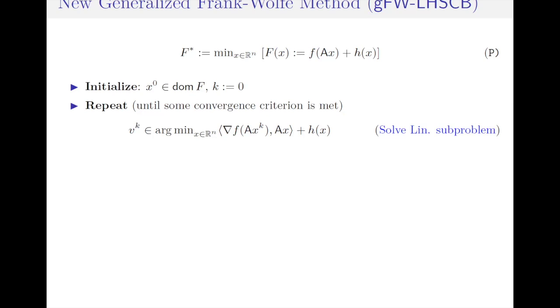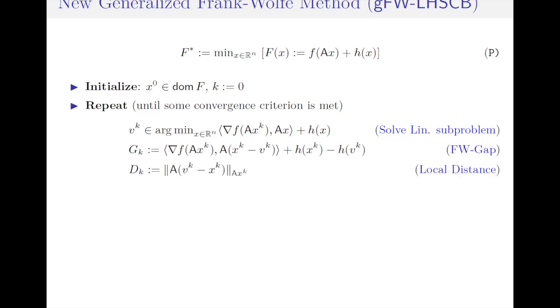But if you find this a little hard to understand, just think of this H as some indicator function. Then really what we are trying to do is to minimize a linear function over some convex set, for example, a polytope. If it's a polytope, this is an LP, so we can use LP solvers to solve this problem. And for a lot of structured LPs, we can use special solvers. After getting this point, we compute the Frank-Wolfe gap here.